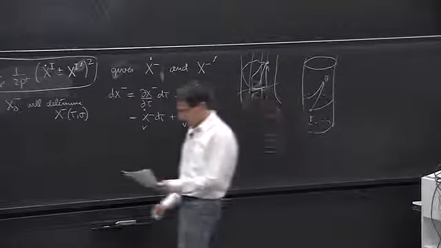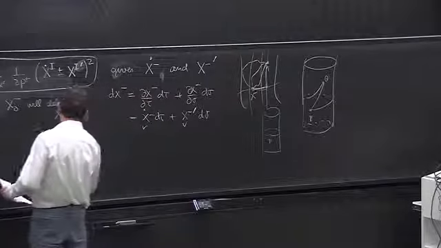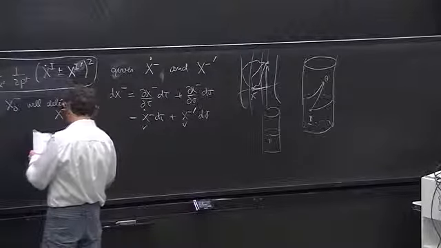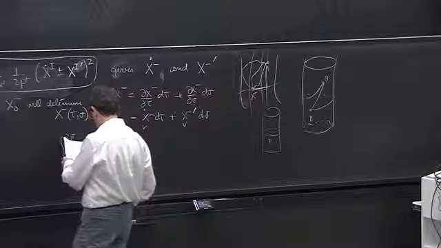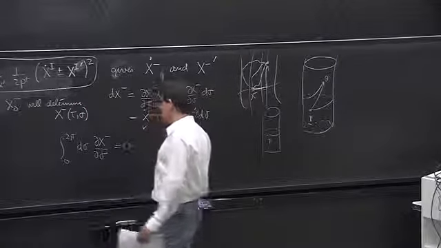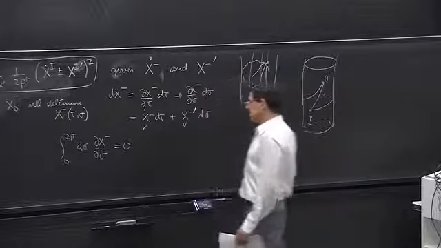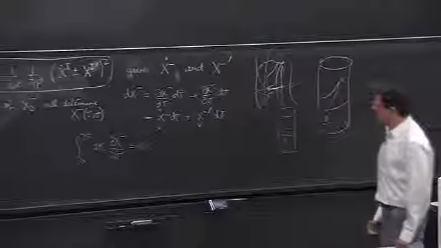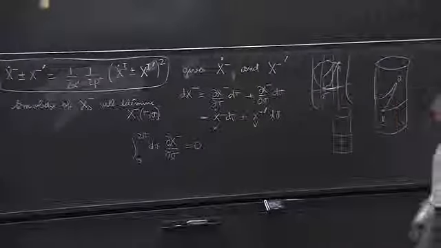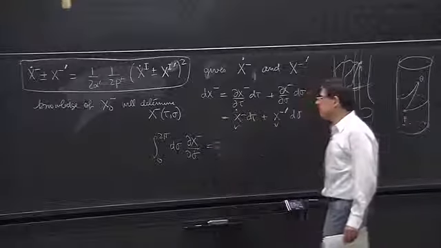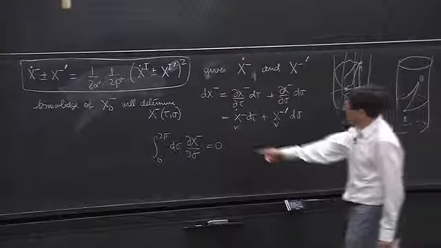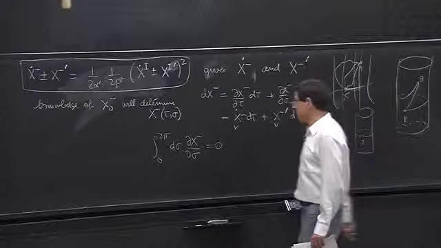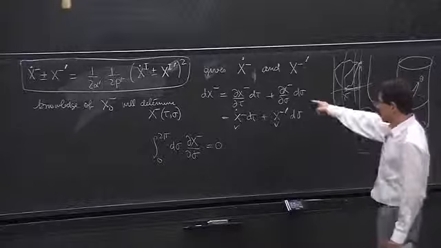So you would have to check that the integral from 0 to 2 pi of d sigma times dx minus/d sigma is equal to 0. Isn't that obvious? Because it's an integral of a total derivative? Not quite. It looks like it's an integral of a total derivative. It's not all that simple.